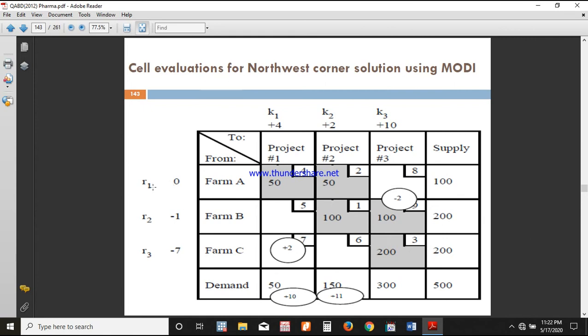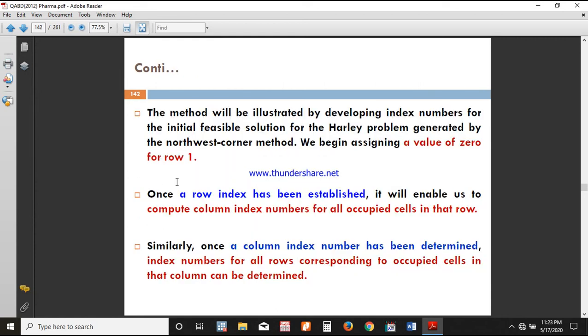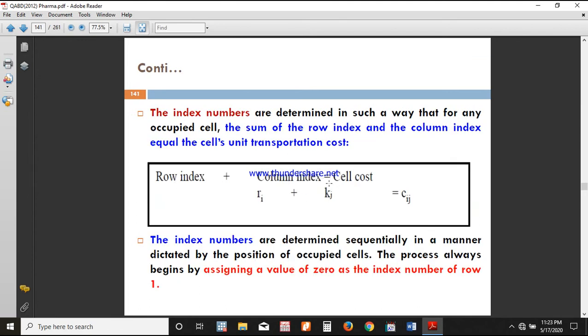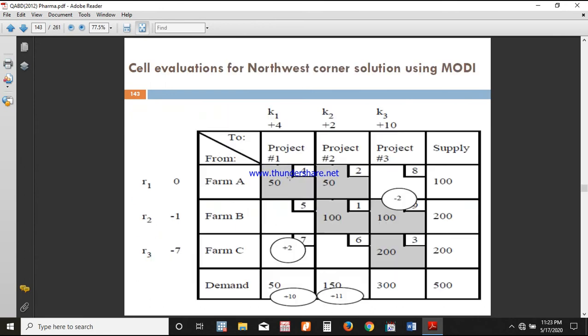Therefore, to start with here, you can put the rows 1, 2, 3, and this is column 1, 2, and 3. Then always you should start with row 1. Therefore, the row 1 index value is equal to 0. Now you can bring this formula, the row index plus column index equals cell cost.